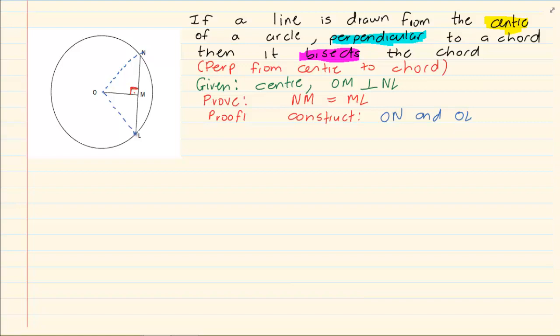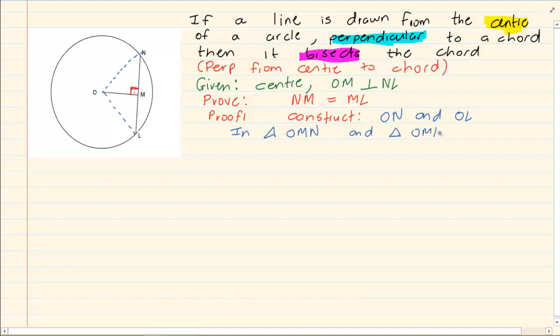Alright, now how do we go about proving this? It's very similar to the previous proof we've done. You are trying to prove that the one triangle is congruent to the other. So what triangles are we working in? We're working with triangle OMN and triangle OML. We have that ON is equal to OL. Reason, radius.